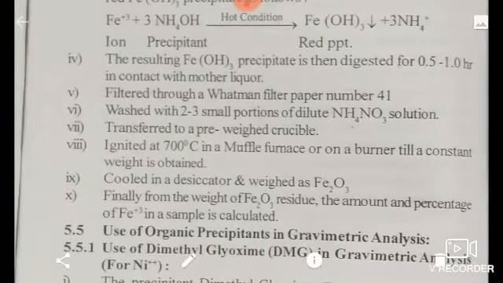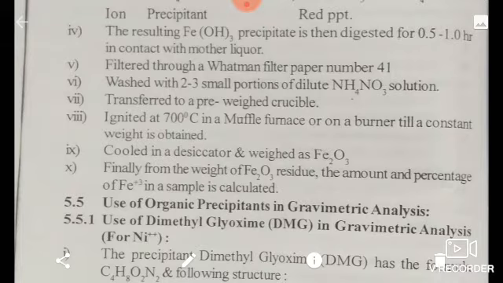The resulting Fe(OH)3 precipitate is then digested for 0.5 to 1 hour in contact with the mother liquor, filtered through Whatman filter paper number 41, washed with 2-3 small portions of dilute ammonium nitrate solution, then transferred to a pre-weighed crucible and ignited at about 700 degrees Celsius in a muffle furnace or on a burner till a constant weight is obtained.